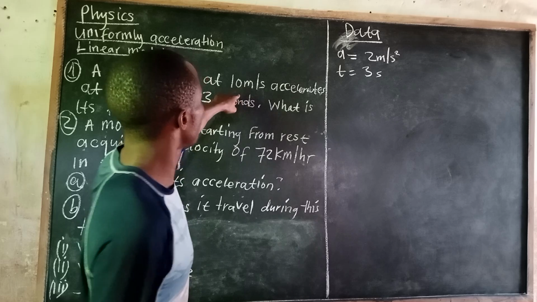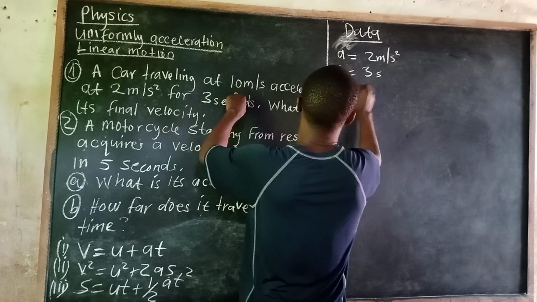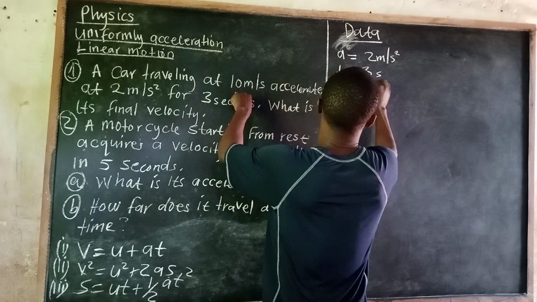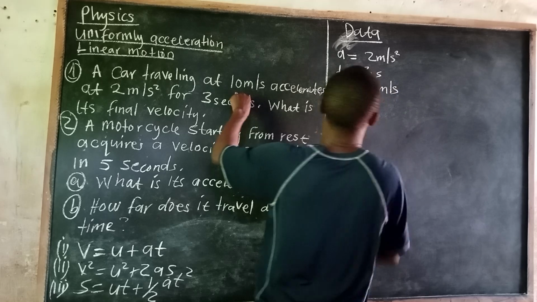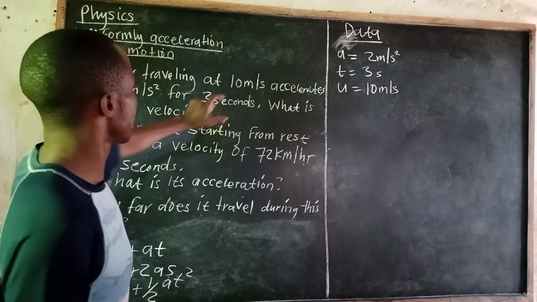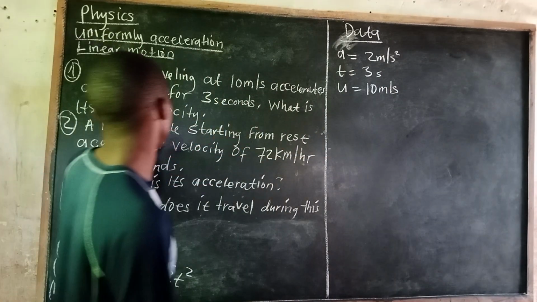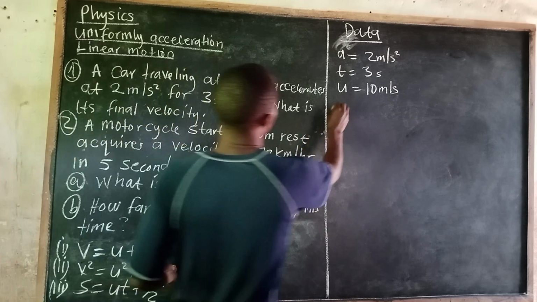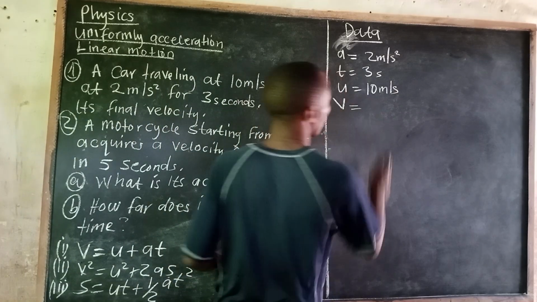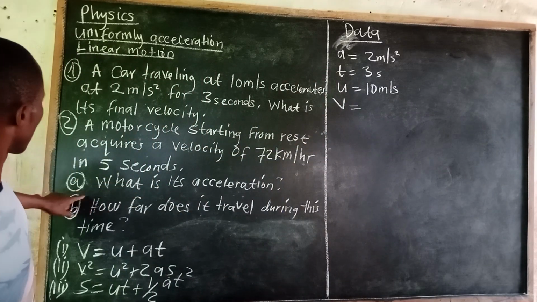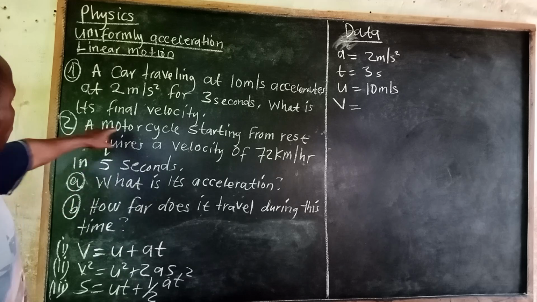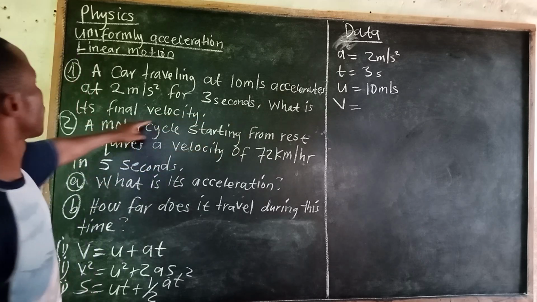So initial velocity is 10 meters per second. So we have identified what is made available. What has just remained is to find the final velocity, according to the question which they've asked us: what is its final velocity?